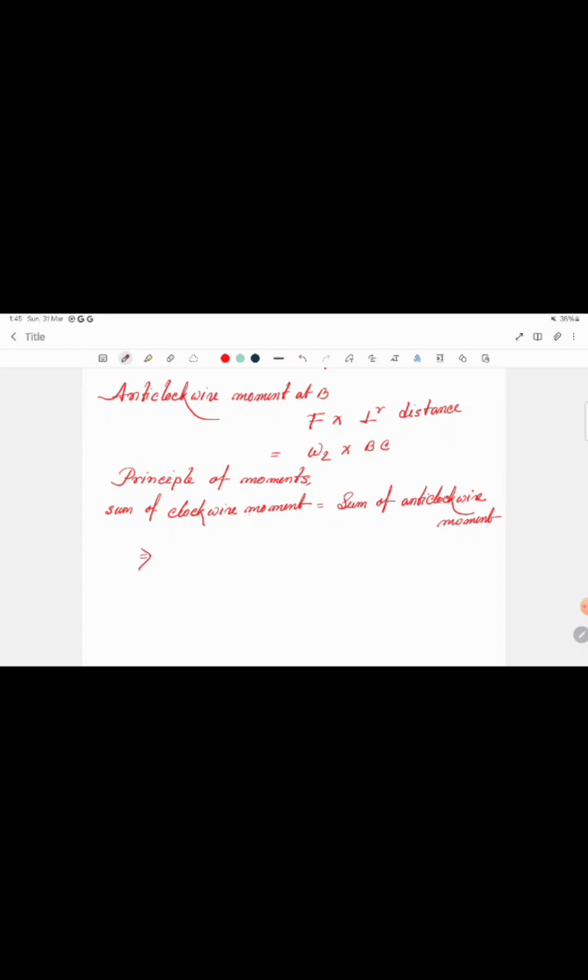So what can we say from here? W1 into AC equals W2 into BC. So W1 into L1 equals W2 into L2. This is basically known as the principle of moments. Keep it in your mind, a very, very important part of this chapter.